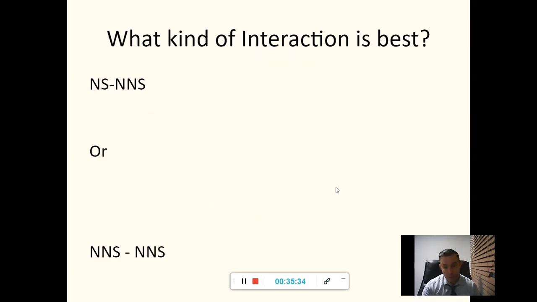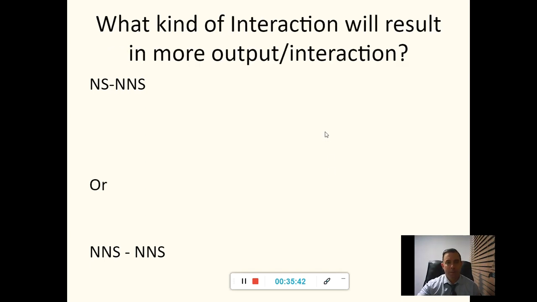So here's a related question, everybody. What kind of interaction is best? What do I mean by best? What kind of interaction will result in more output and interaction? Right? Would it be the first one? You've got your native speaker and non-native speaker, like we saw in our example with the duck and the truck.